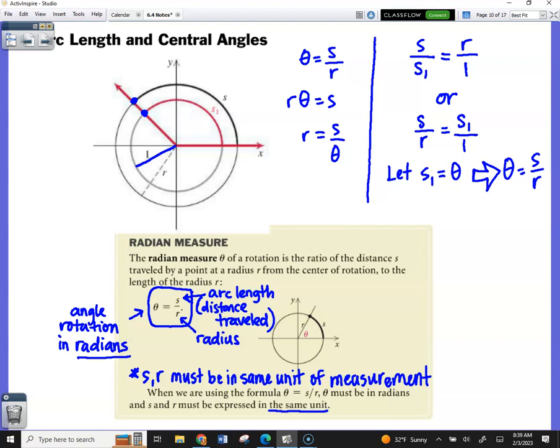The relationship of S over R comes from this diagram here in terms of the unit circle and then any other given circle. There is a proportion between their arc lengths and their radii. And if I set up the proportion and manipulate it, then I can get the relationship that the angle of rotation is simply S over R. Okay, so that's where this came about.